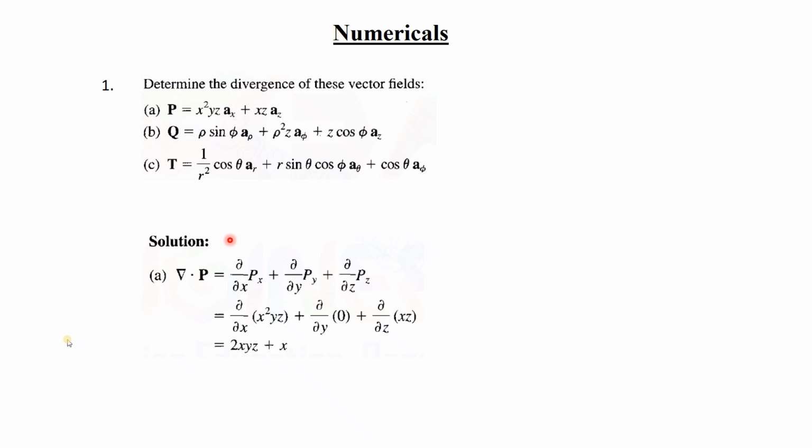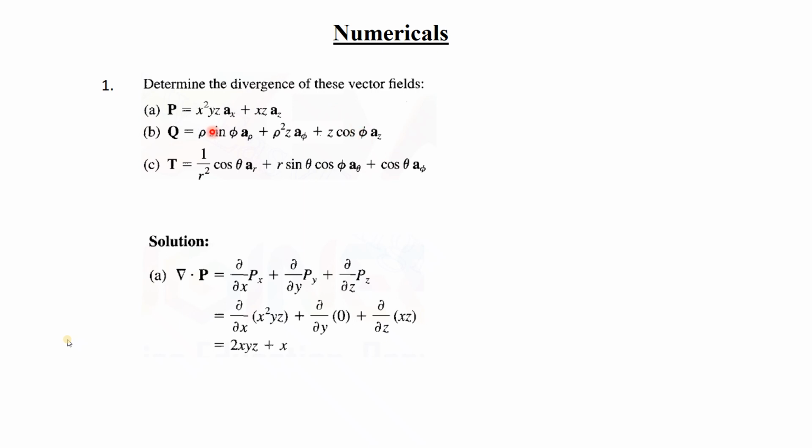So now moving on to the numericals. This numerical is related to the divergence. We have 3 vectors, because the divergence theorem can only be applied to vectors. Suppose we have 3 vectors P, Q and T, where P is a vector in the Cartesian coordinate system, Q is a vector in the cylindrical coordinate system, and T is in the spherical coordinate system.